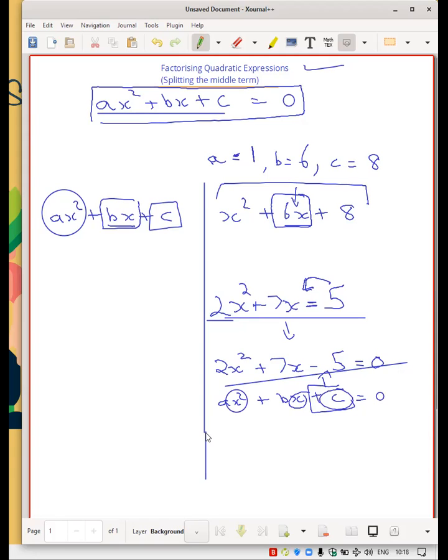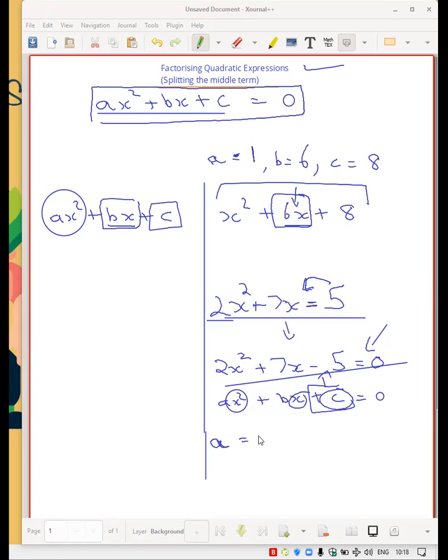Rajvi, tell me the value of A over here in this equation. Rajvi, I cannot hear you. You're not audible, Rajvi. Avni, what's the value of A? 2.